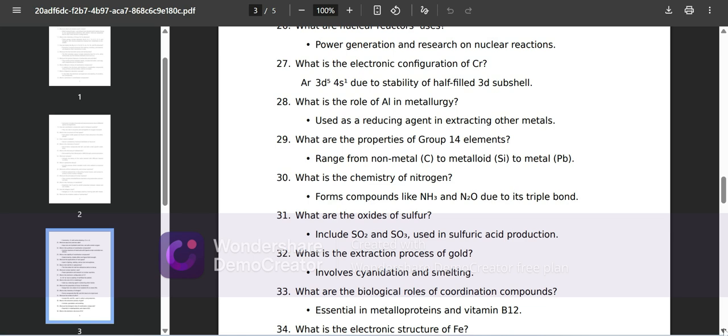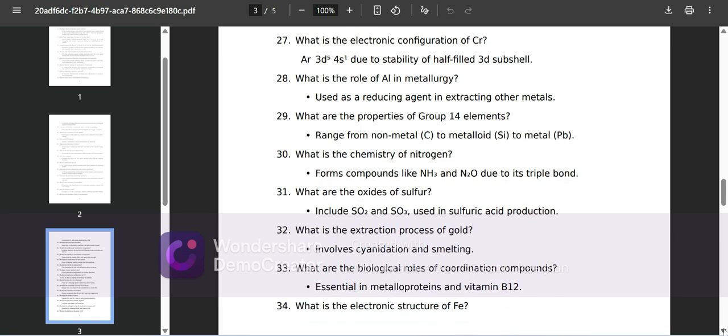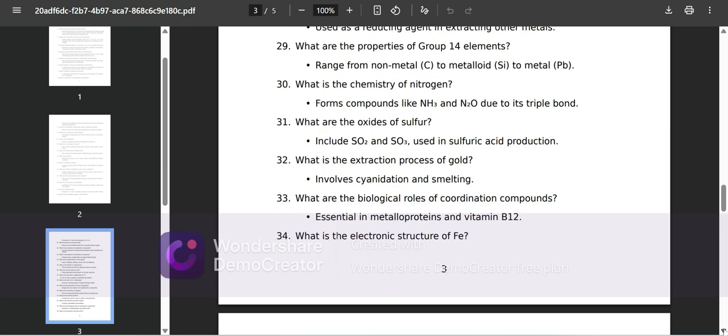They include SO2 and SO3, used in sulfuric acid production. What is the extraction process of gold? It involves cyanidation and smelting. What is the biological role of coordination compounds? Essential in metalloproteins and vitamin B12.